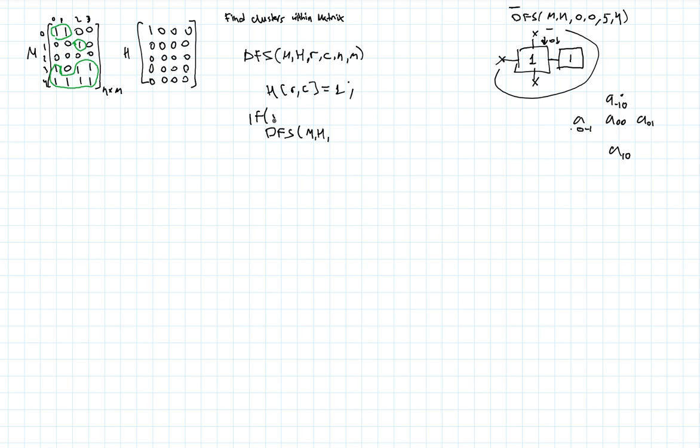So the row should be bigger or equal to 0, and the row should be less than n. The same we need to write for a column. Column needs to be bigger or equal to 0, and column needs to be less than m.